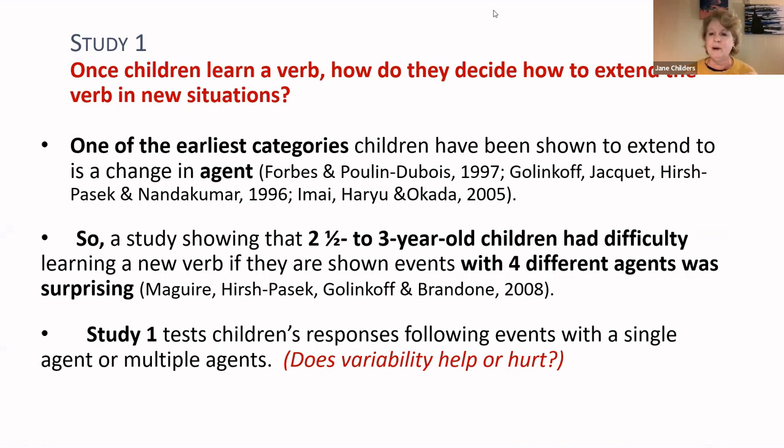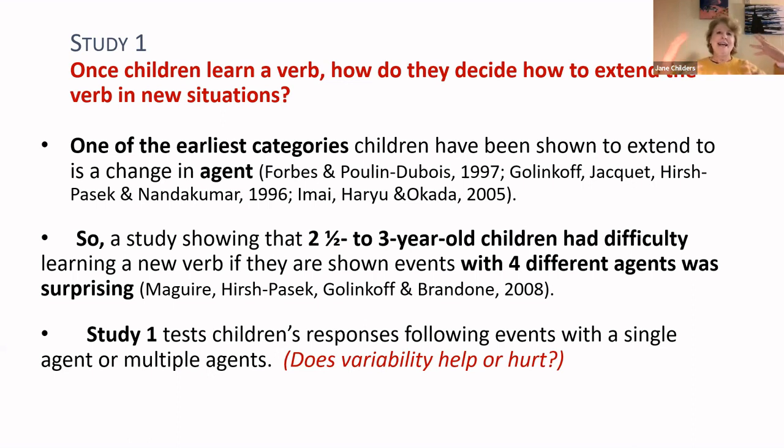Like that example where they learn eat and then they see cats eating and they know that they can say eat in that instance. One of the earliest categories that they seem to be able to extend verbs to is the agent. They seem pretty good at extending a verb across different agents, which is good because we don't have verbs that only have to do with one agent.